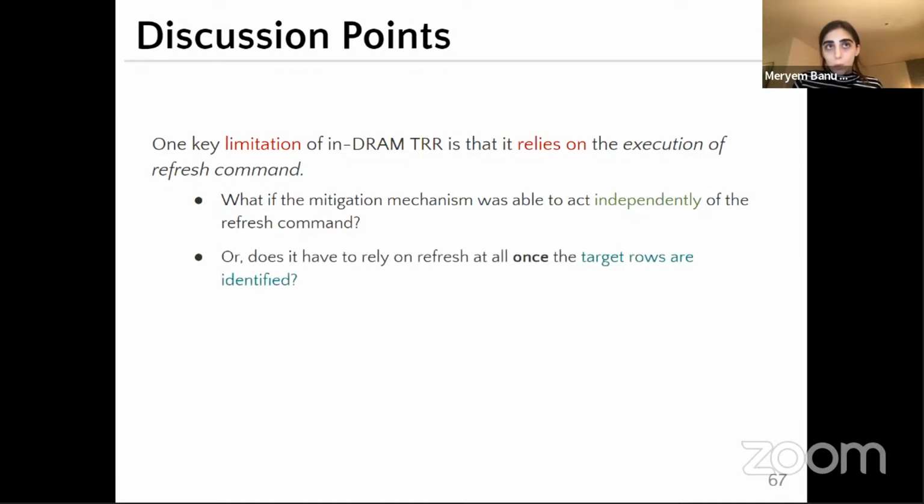So my question is, once we have identified the target rows, do we have to rely on a refresh? I mean, we identified the aggressor rows. Can you think of any other mechanism to mitigate RowHammer other than refreshing the victim rows we have?